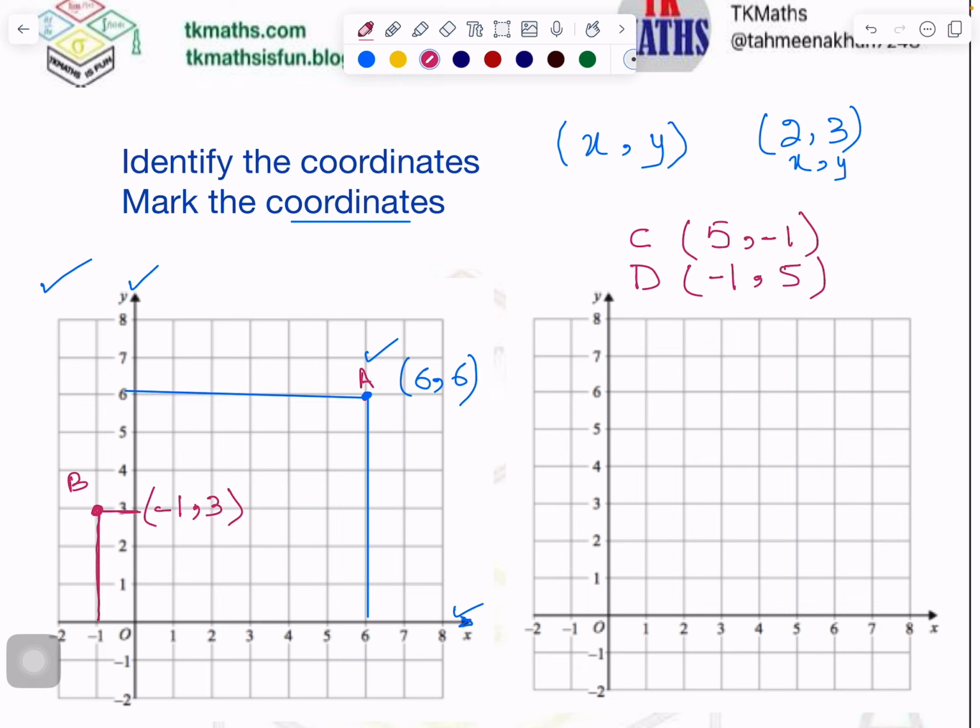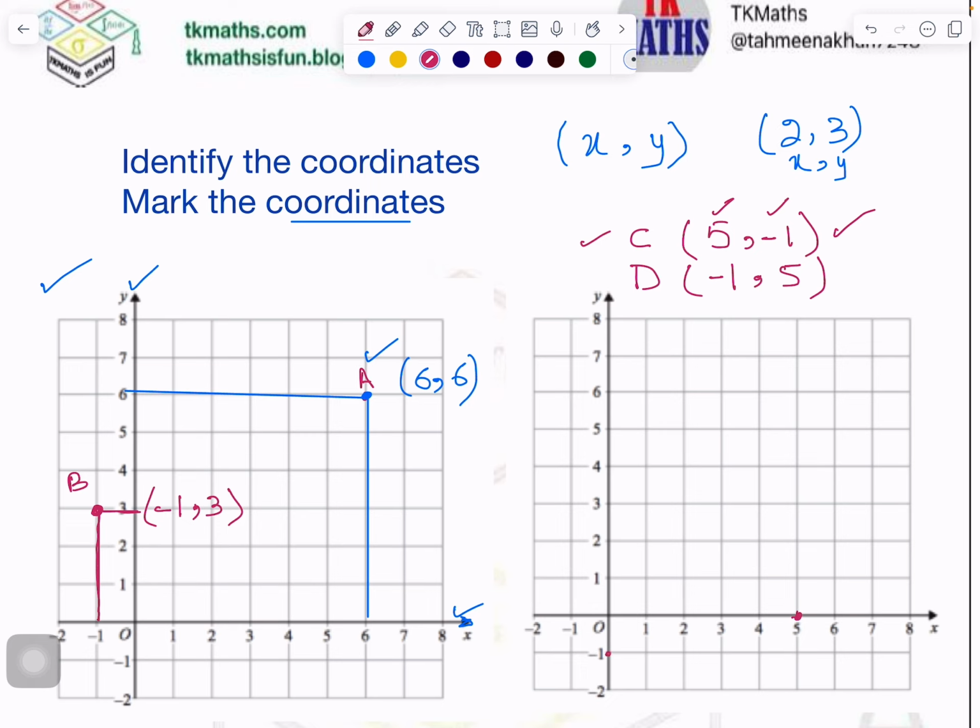Now let's mark point C and D. So the point C has x coordinate 5 and y coordinate -1. So I'm marking point C first of all, right? So I will go on the x-axis. Here is 5 and -1 is here, right?